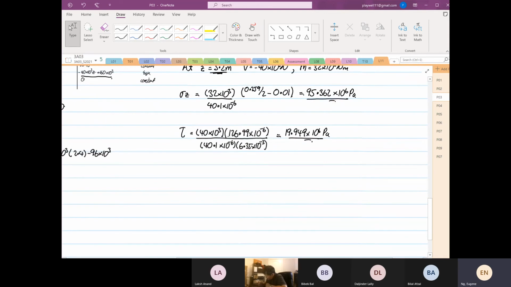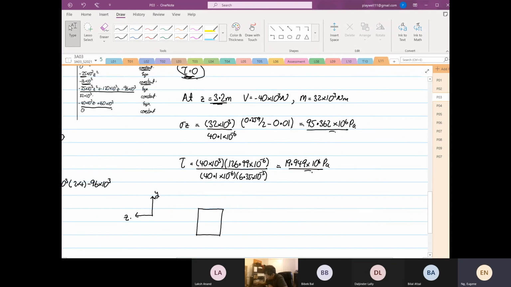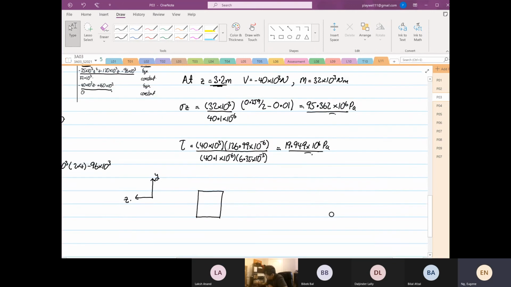If you look at the element, now I'm drawing the element. This is your Y, this is your Z direction. When we construct our element, let's say we consider Z equal to 3.2. We know that there's a normal stress either going out or coming in, it does not really matter.